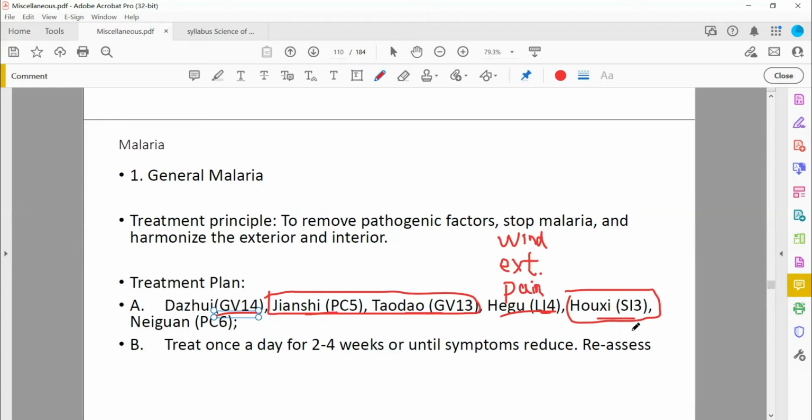For here, that targets malaria. PC6, this one is kind of a general one. Anything related to the heart, to the mind, we can use this one.